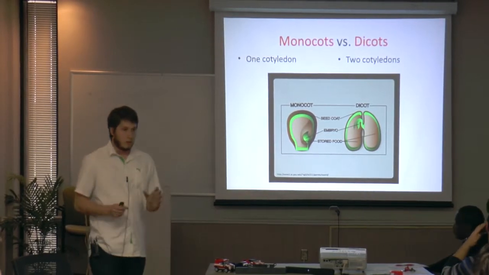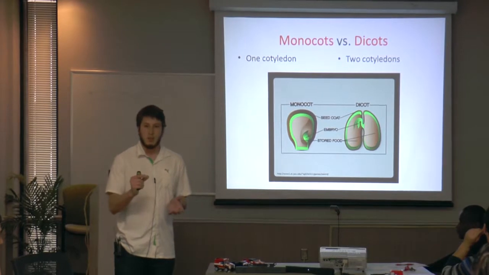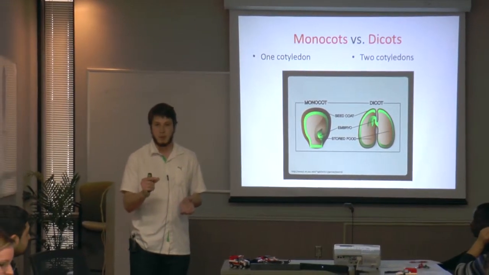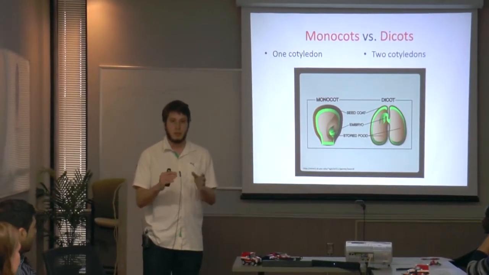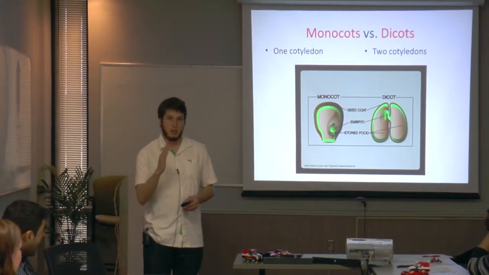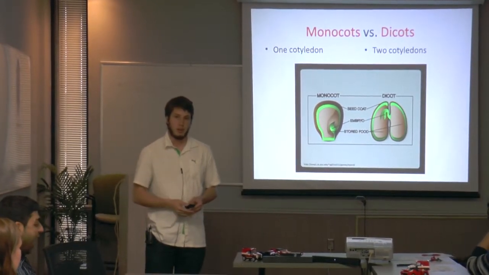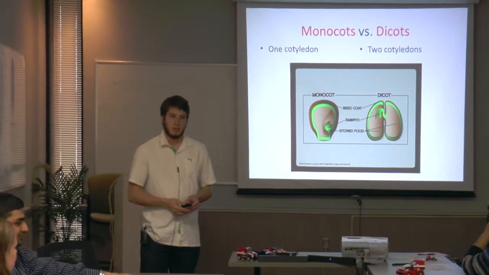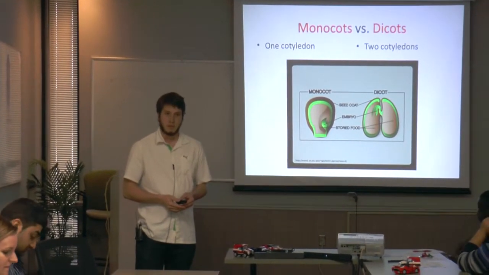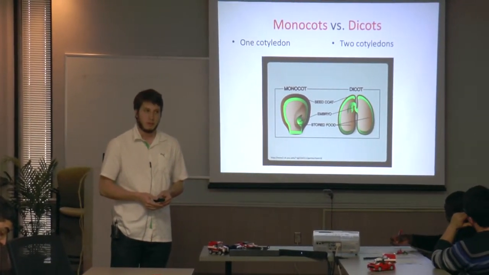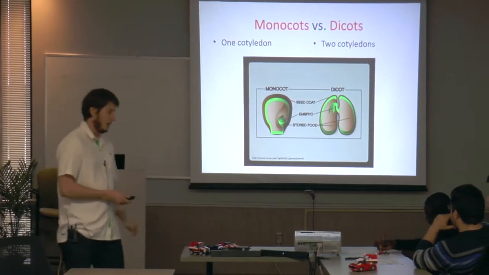All right, so whenever you guys were looking at the leaves, not the flower, but the leaves of the plant, what did you notice as far as the venation goes in the dicots versus the monocots? Branching versus not. Good job.